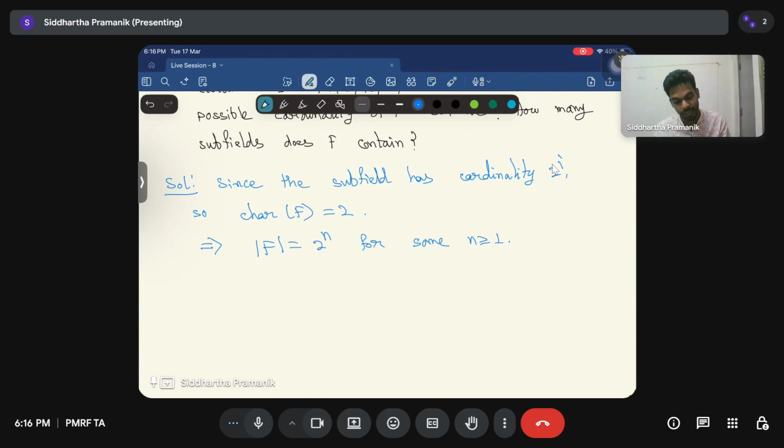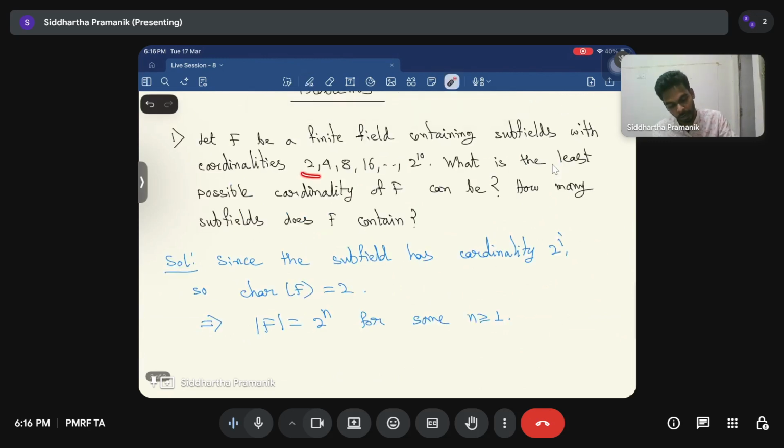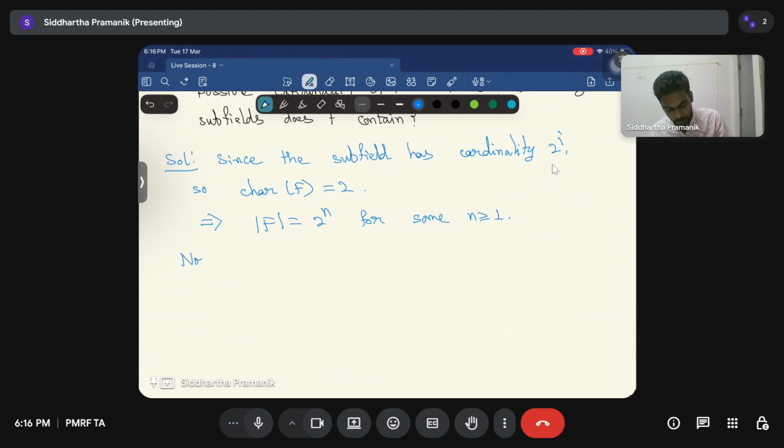Now F will contain a subfield of order 2, 4, and so on up to 2 power 10. This will imply these orders must divide the order of the field F. So this is basically 2 power 1, 2 power 2, up to 2 power 10.